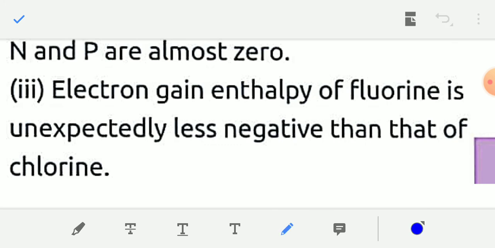And the electron gain enthalpy of fluorine is unexpectedly less negative than that of chlorine. This is due to the size of the chlorine atom, which is greater than the size of the fluorine atom. In the case of chlorine, there is less repulsion between the electrons present in the valence shell.